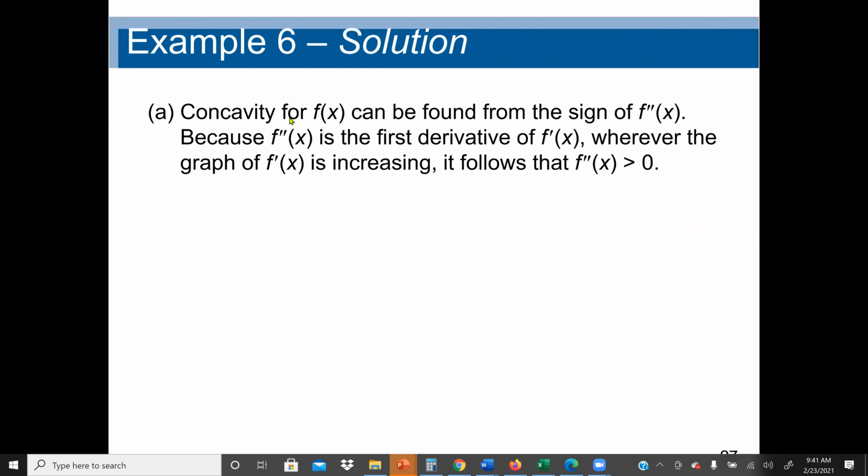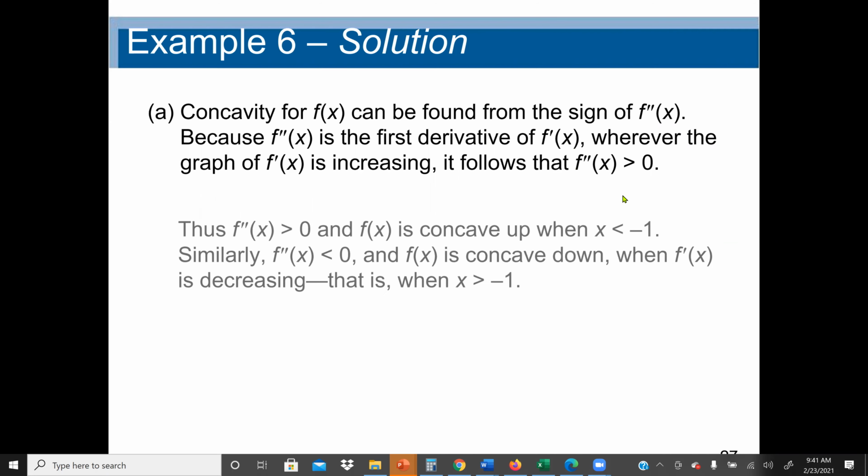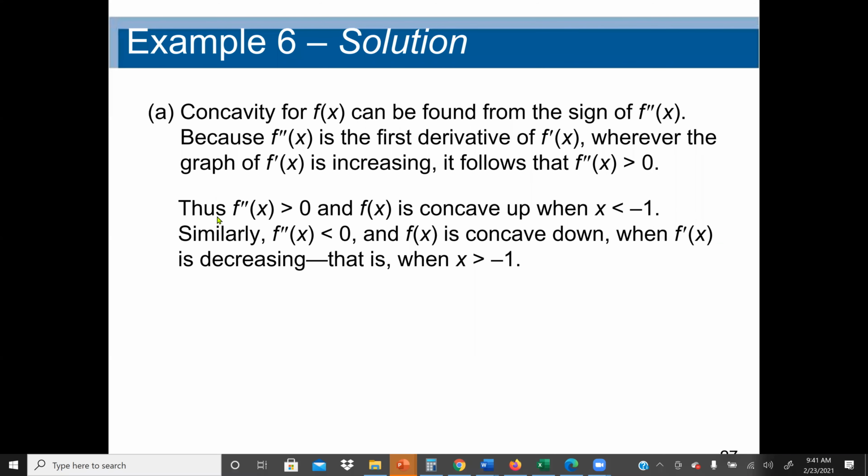So we say the concavity of f at s can be found from the sign of the second derivative. But because the second derivative is the first derivative of the first derivative, whenever the first derivative increases, it follows that the second derivative will also be greater than 0. Or the other way, if it's greater than 0, f at s will be concave up.